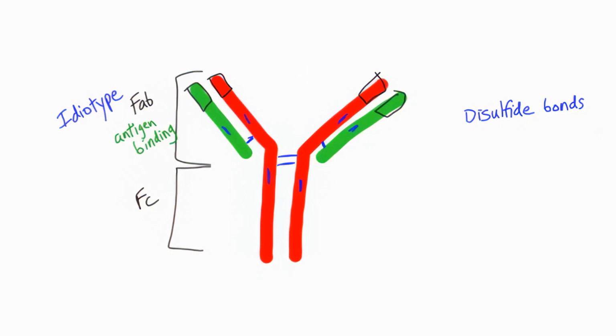Then, the FC region is the constant region, found on the carboxy terminal of the antibody. It only includes the heavy chains, and the FC region is the part of the antibody that can bind to the complement. So there are lots of C's associated with the FC region. It's constant, it's on the carboxy terminal, and it's complement binding.